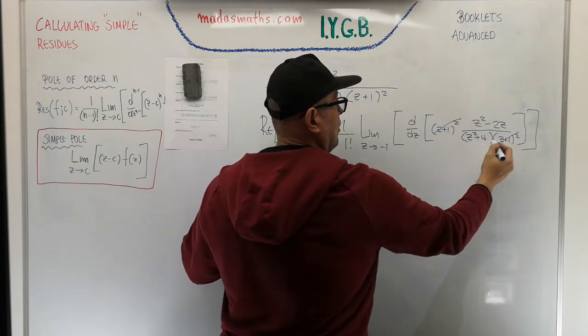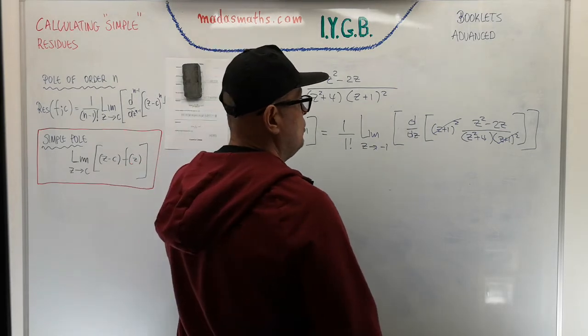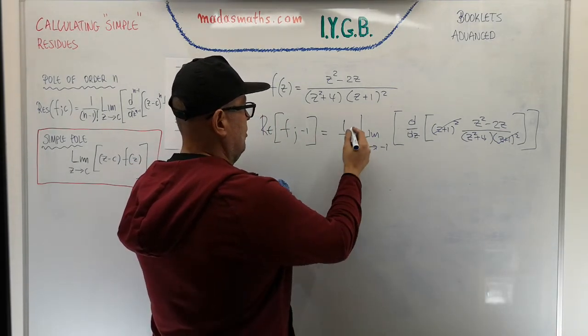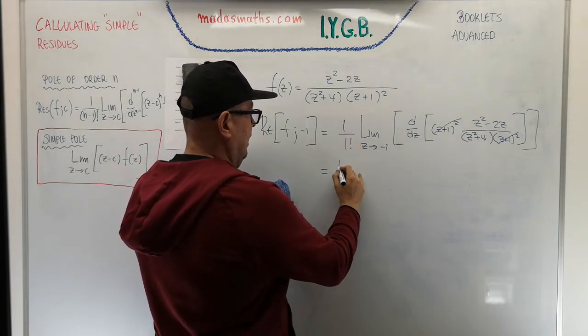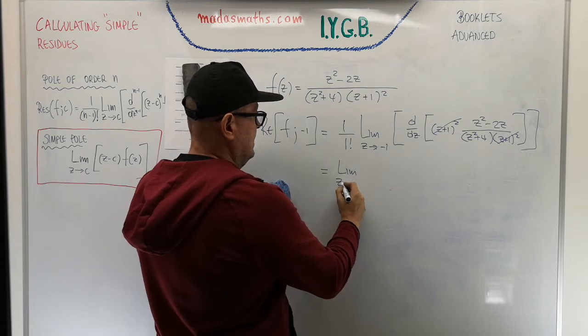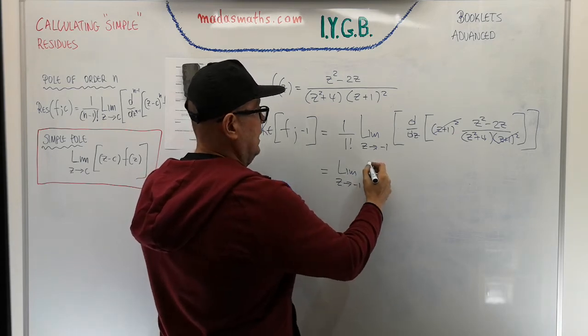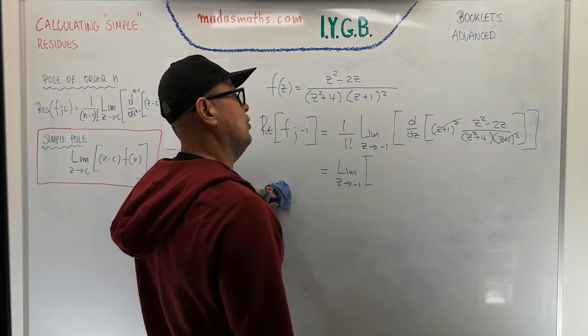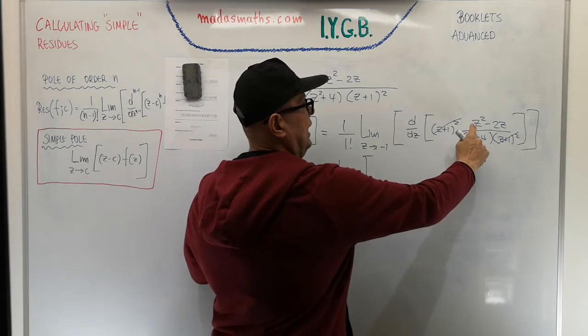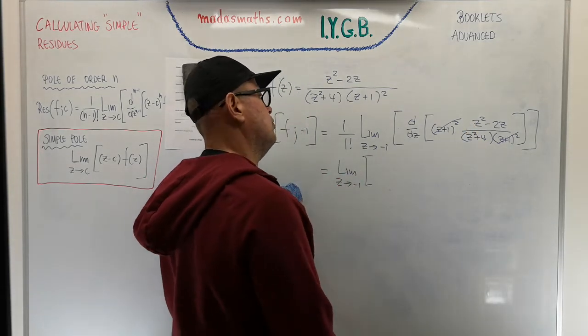This will cancel, so that's all good. And then we need to differentiate this. Okay, so the 1 over 1 factorial we can throw away, so limit as z tends to -1, and we got to do a differentiation of z squared minus 2z.